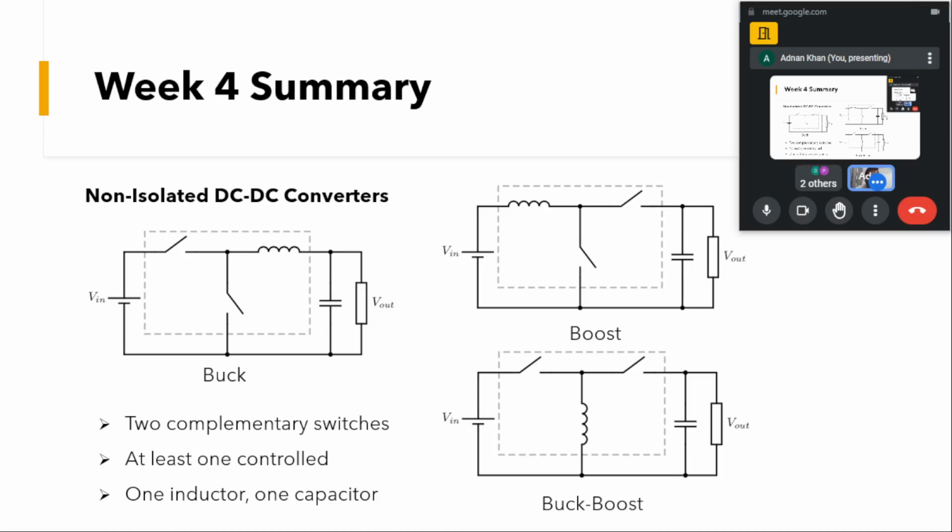And if we want both a buck operation as well as a boosting operation, sometimes we may require a voltage which is less than the input, and sometimes a voltage which is higher than the input.